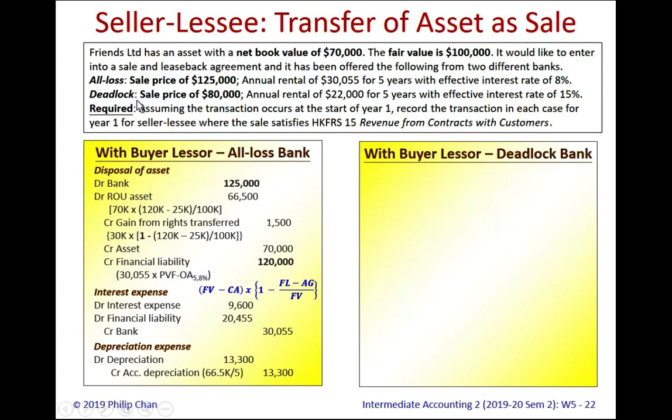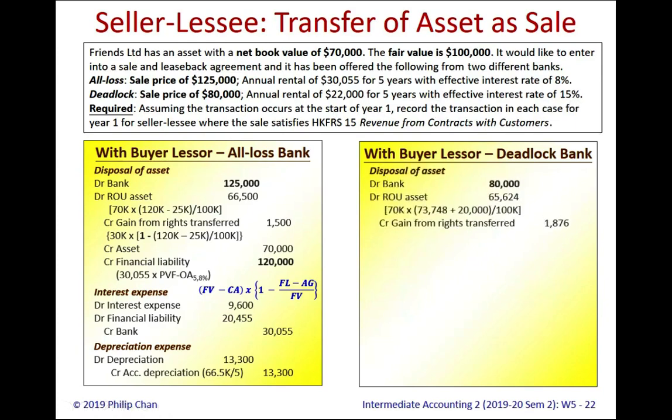In this case, we have Deadlock as the buyer-lessor, and you sell your asset to Deadlock at 80,000. 80,000 compared to the fair value: obviously, we have an artificial loss. Annual rental 22,000, 5 years, 15%. So we will use that information to work out the financial liability.